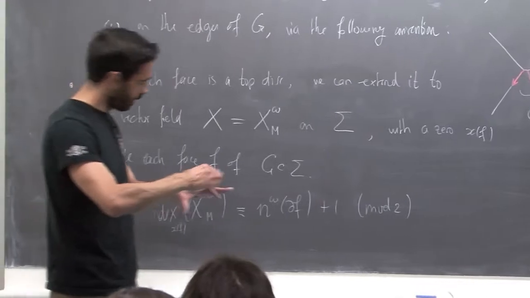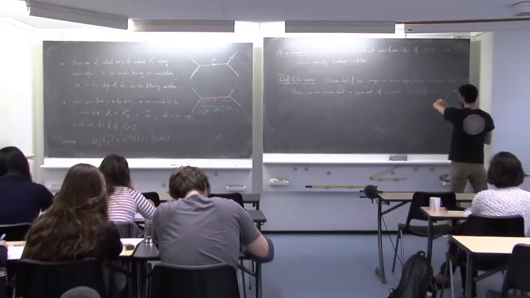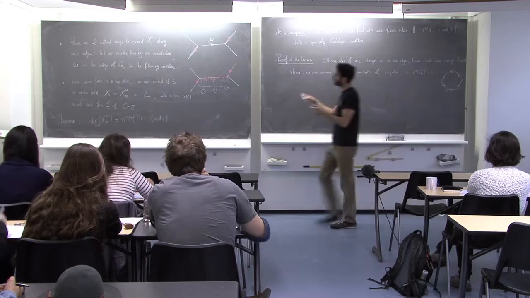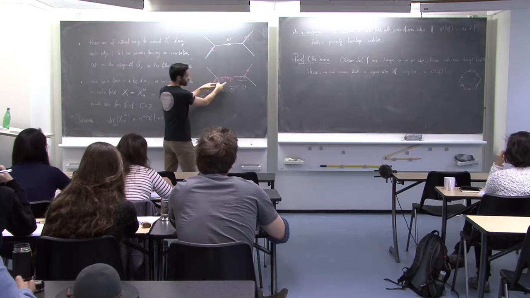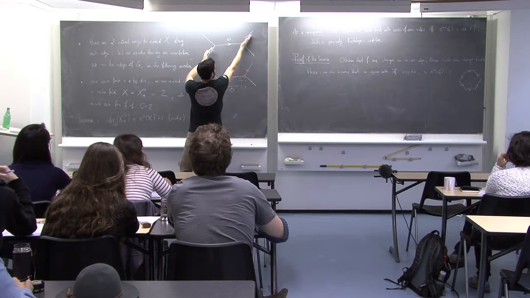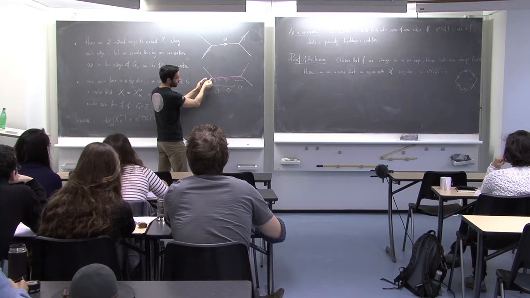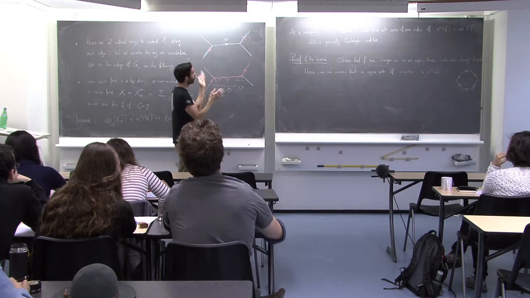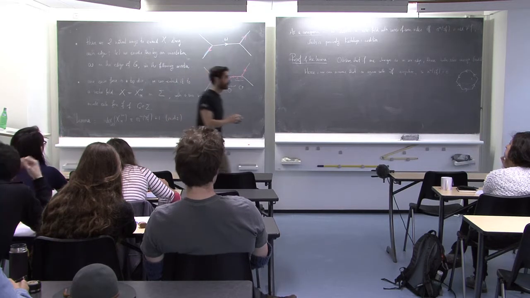I have to compute the winding number of my vector field along the boundary of the face with respect to a fixed direction. But here, if you look at it, if we go along the face like that, and we're always doing this, you can see that whatever the dimer configuration is, you're always pointing outside. You're pointing outside, pointing outside. You will always point outside. And therefore, your vector field is actually homotopic to a source, and the index is 0. Okay.